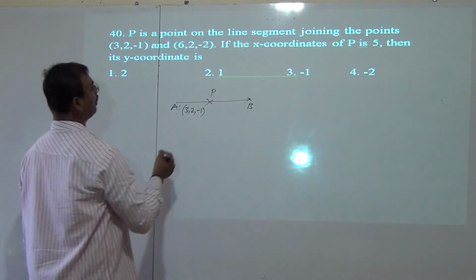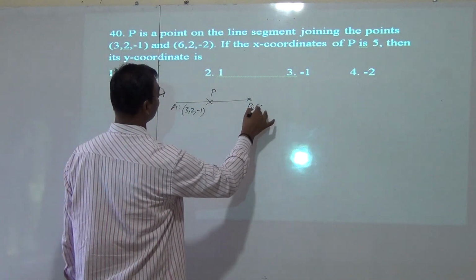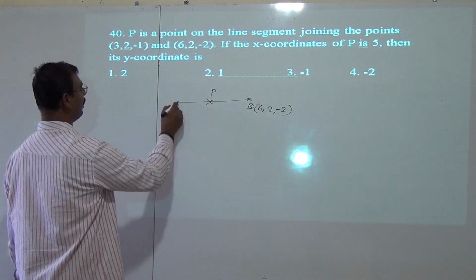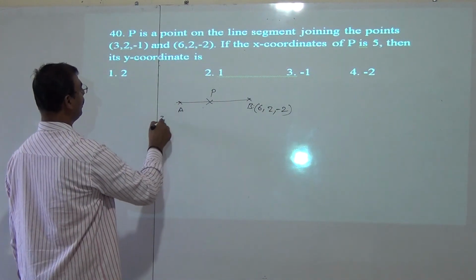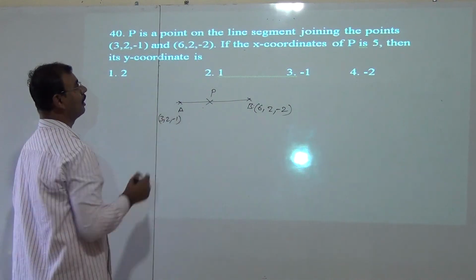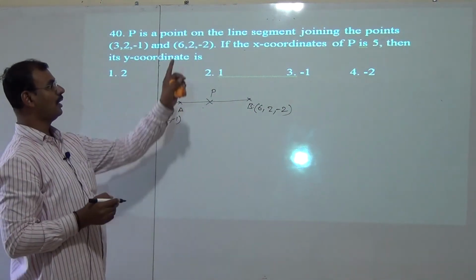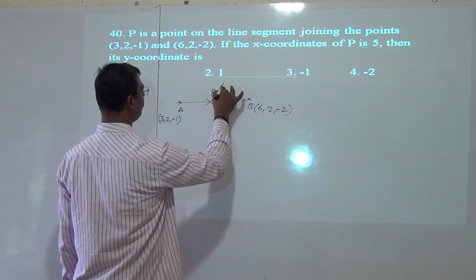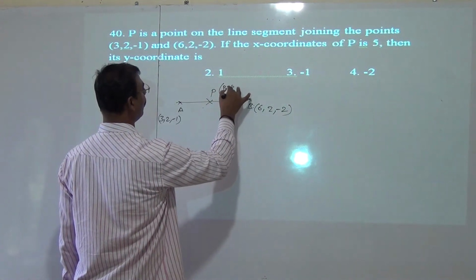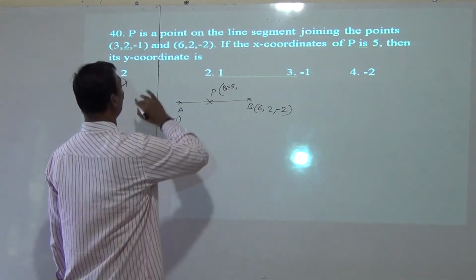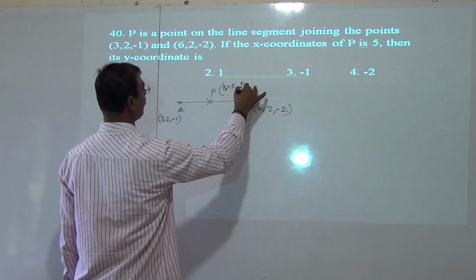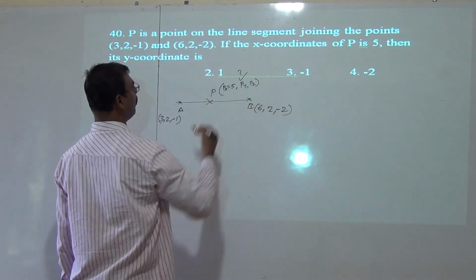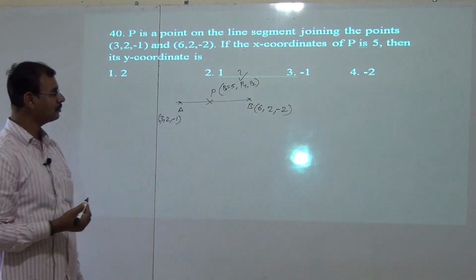What is the point B? (6, 2, -2) is given. If the x coordinate of P is 5, so Px is given as 5. What is being asked? Py, Pz, whatever. So the question asks, what is the y coordinate here?